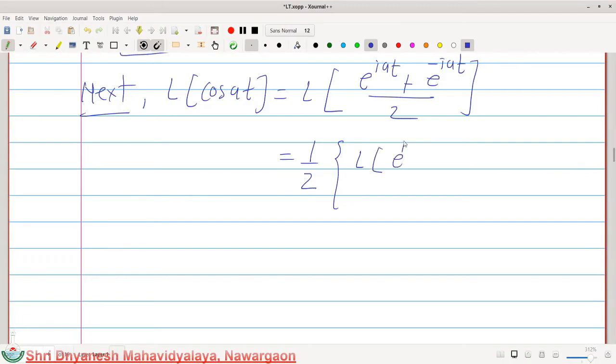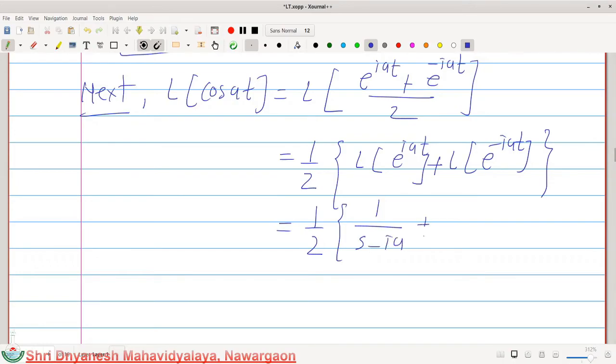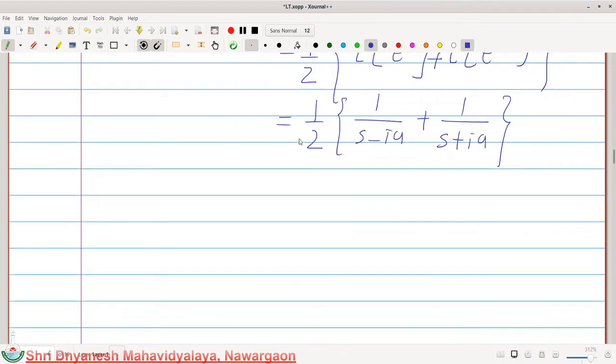Okay, so what remains inside? Laplace transform of e to the power iat plus Laplace transform of e to the power minus iat. What will be the Laplace transform of e to the power iat? It is 1 upon s minus ia plus 1 upon s plus ia. So again, after similar calculation, we will get the denominator s square plus a square.